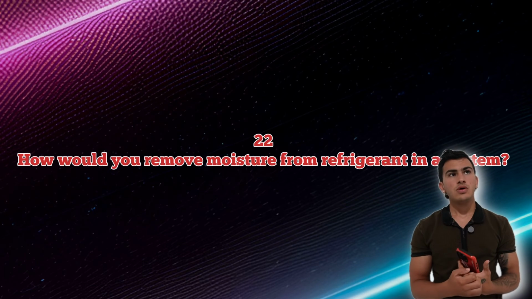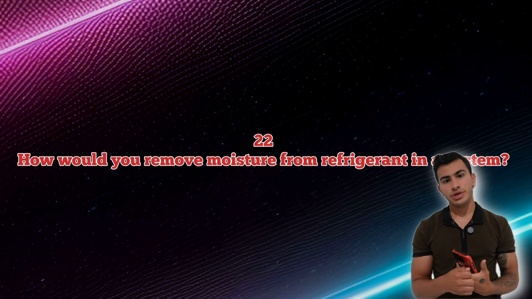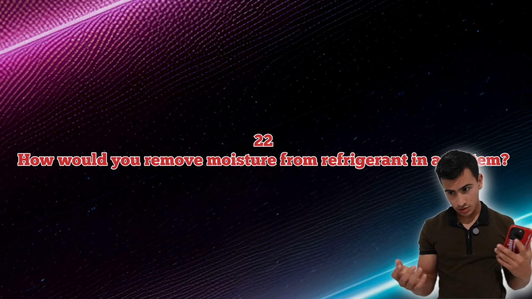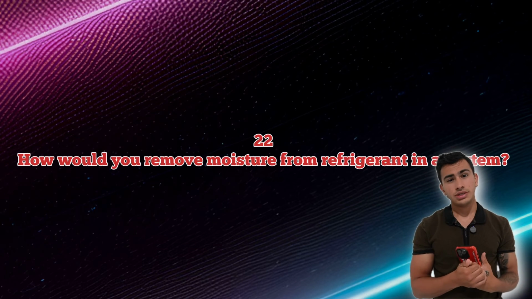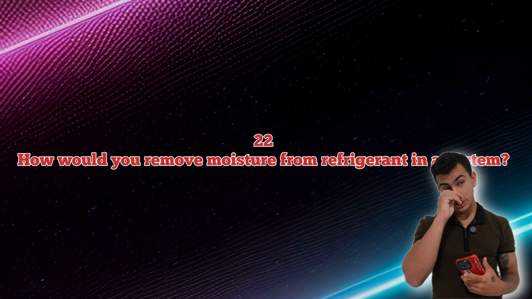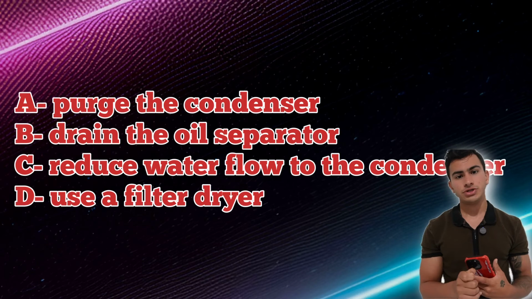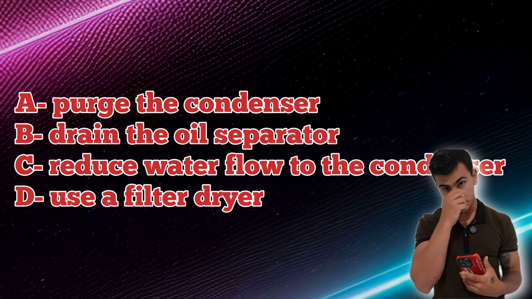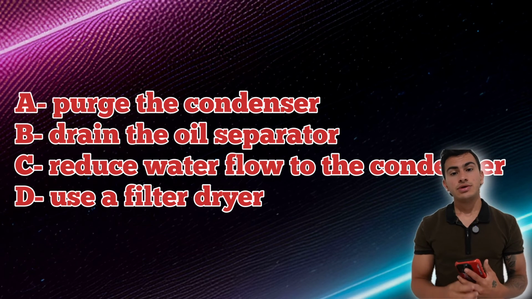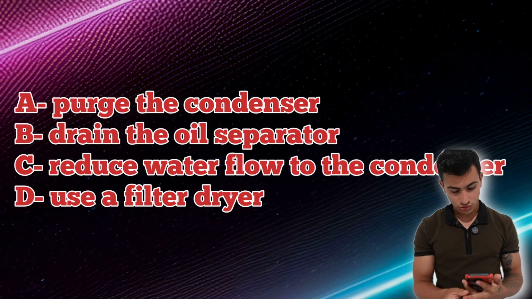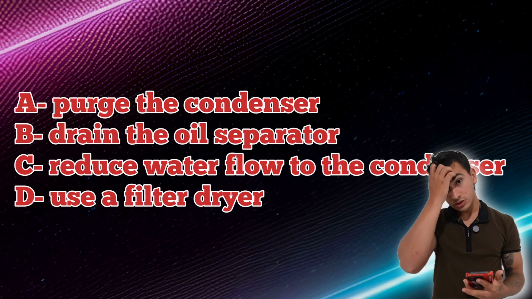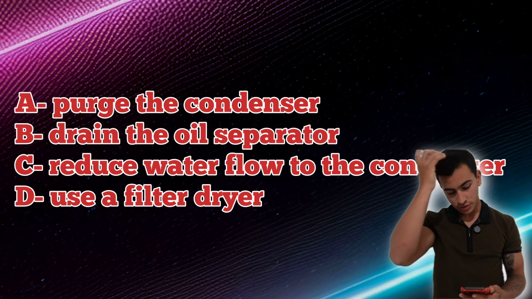How would you remove moisture from a refrigeration system? Again, a component that is meant to remove moisture from a refrigeration system is your filter dryer. So this question is very simple.